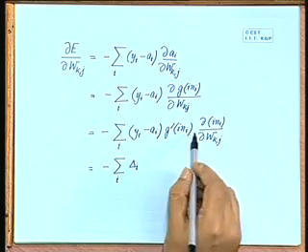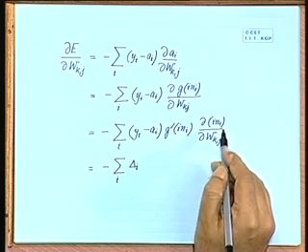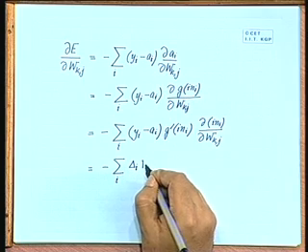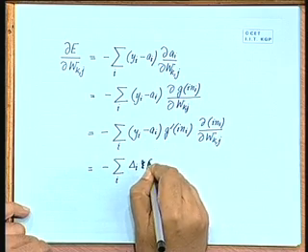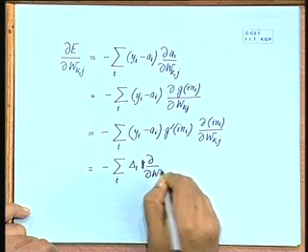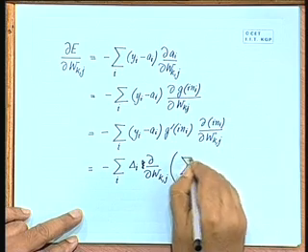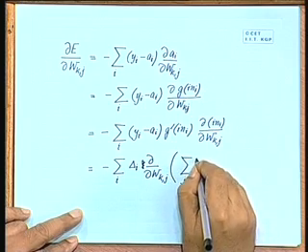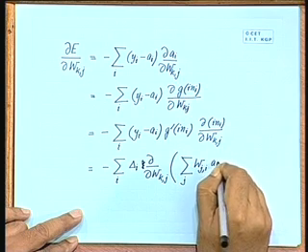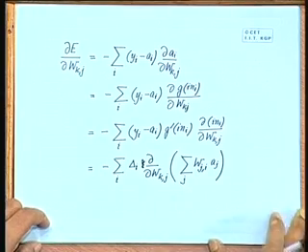So, this is delta_i, and then when we differentiate this, we will have sigma over j of w_ji a_j.